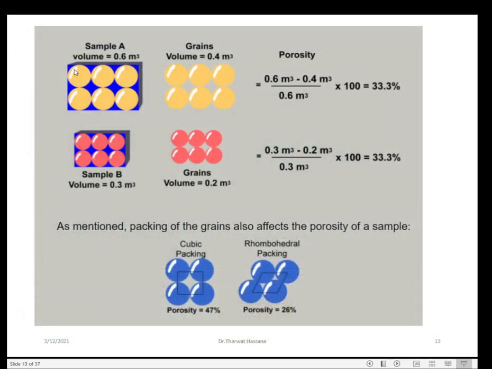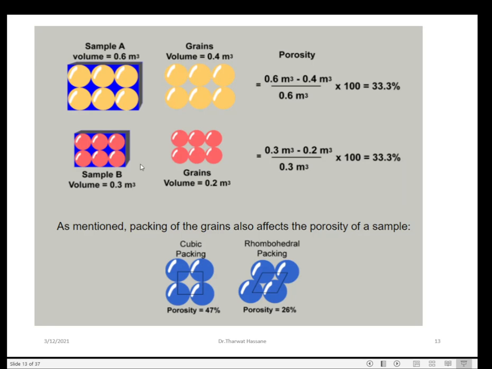If you can see here, this is sample A and sample B. For sample A, the cubic volume is 0.6 meter, and the grain volume is 0.4 in this case. If you need to calculate the porosity, it is 0.6 minus 0.4 divided by 0.6, and you will see 33.01%.